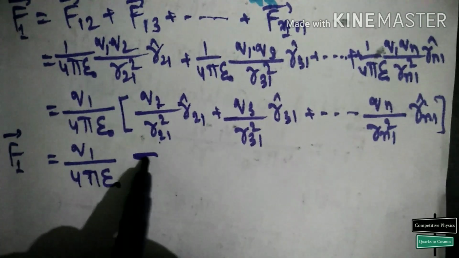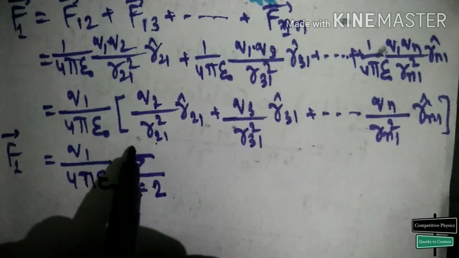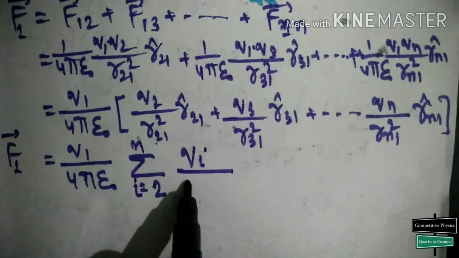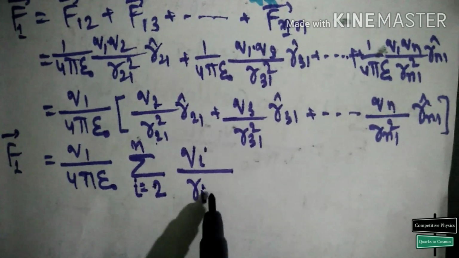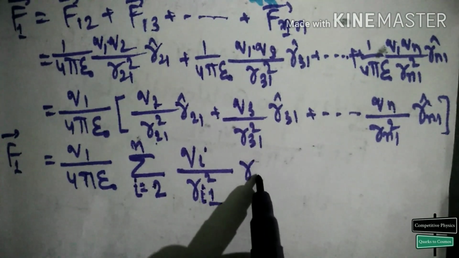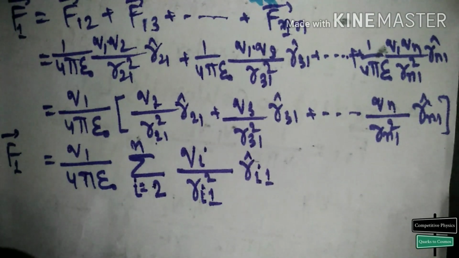This term I can write as the sum over i equals 2 to n of qi upon ri1 square, ri1 cap.